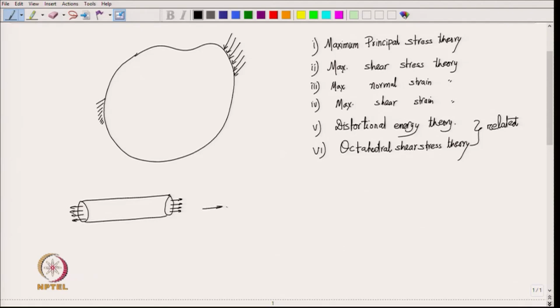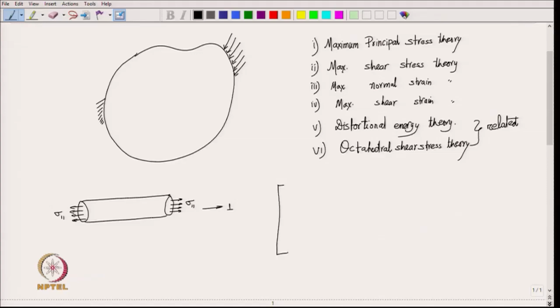Suppose this is one axis and we are applying sigma 1 and sigma 2 and sigma 3 are 0. So, it is a simple tension test and we keep on loading sigma 1 and then we see that at one point when the sigma 1 value reaches a critical value, the body has failed. So, that will give me the information of the critical value for sigma 1.